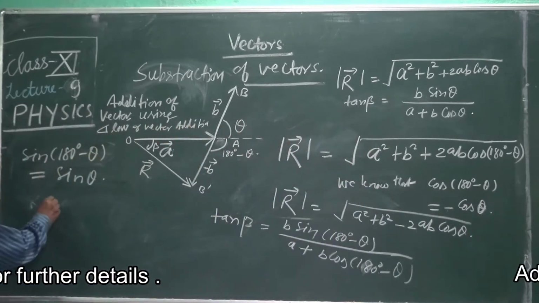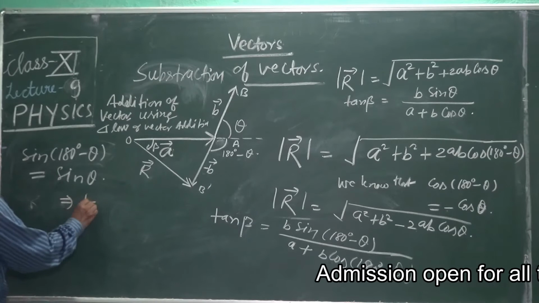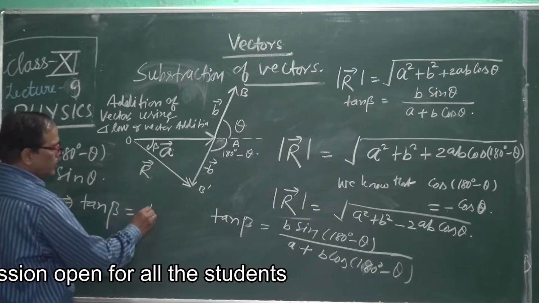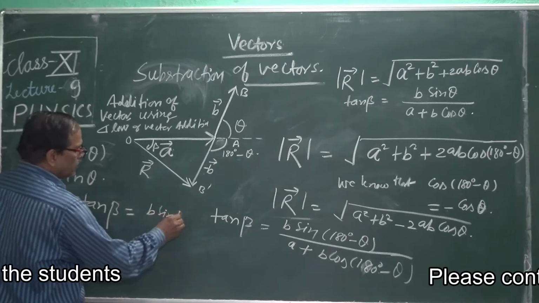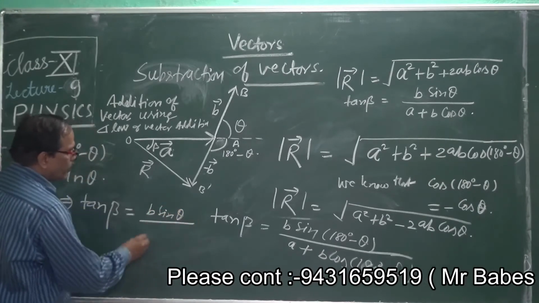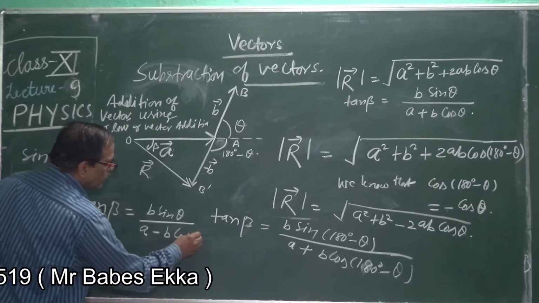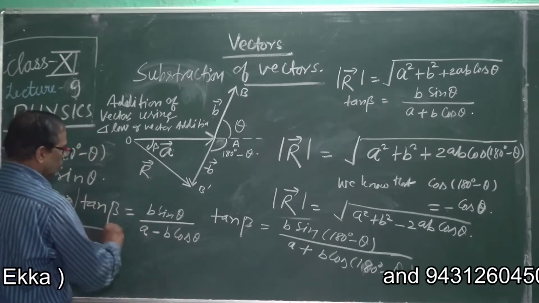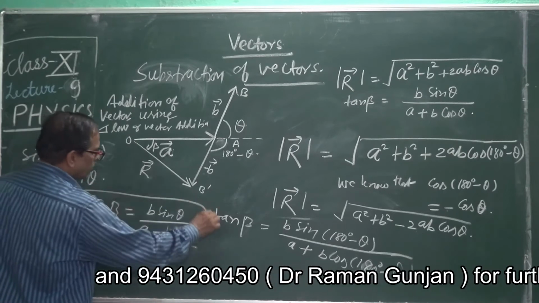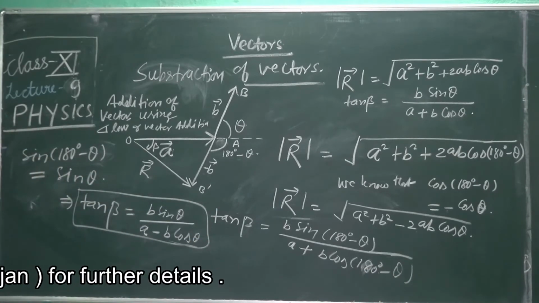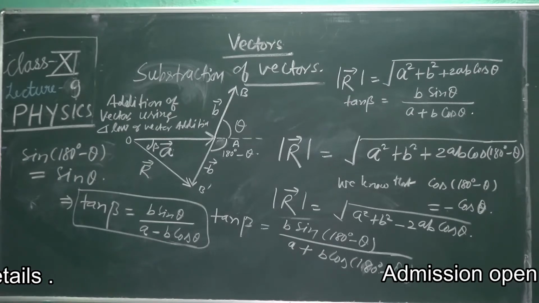So here we get tan beta is B sine theta divided by A minus B cos theta. This is your subtraction of vectors. It's okay.